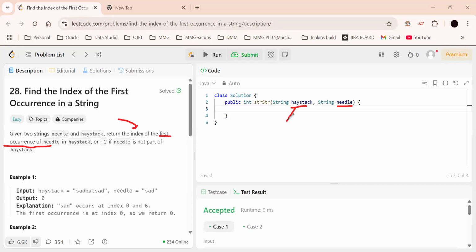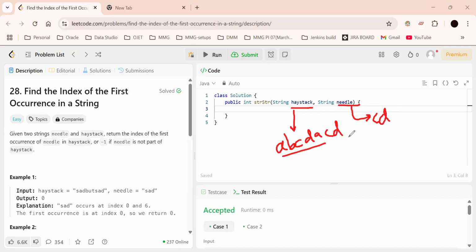So let's take two strings. Let's take haystack as A, B, C, D, A, C. This is the haystack string.